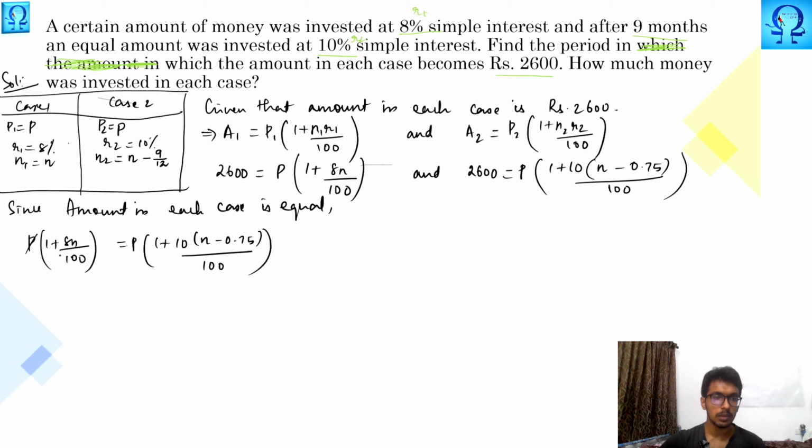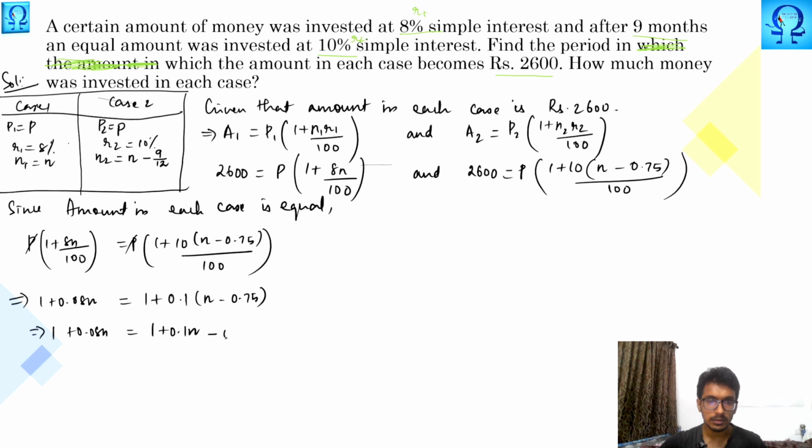Okay, so P gets cancelled and we have 1 plus 0.08n, and this would be 1 plus 0.1 times of n minus 0.75, and try to squeeze n on one side and everything else on the other side. So it would be 1 plus 0.08n equals 1 plus 0.1n minus 0.075.